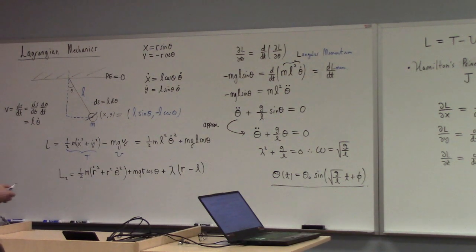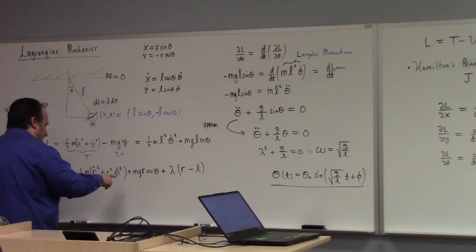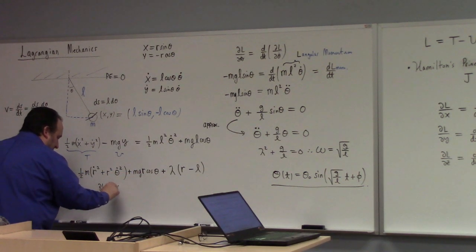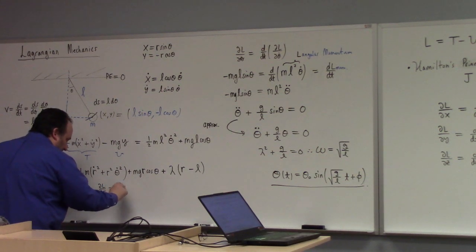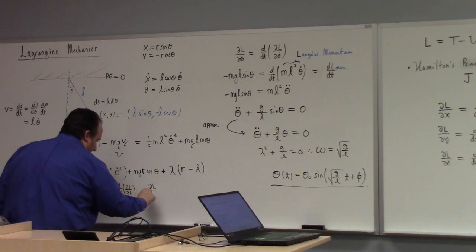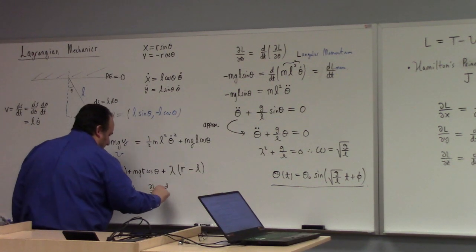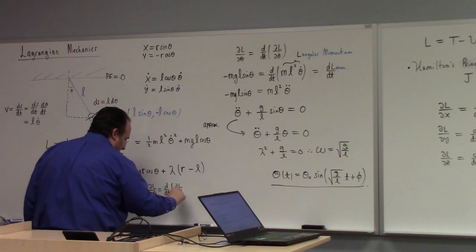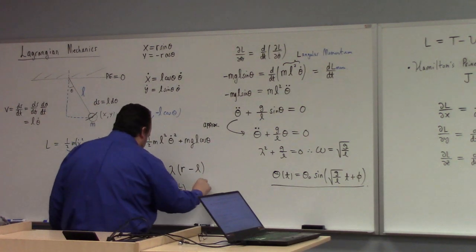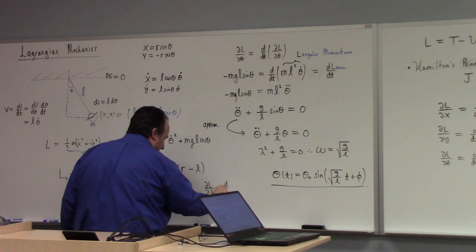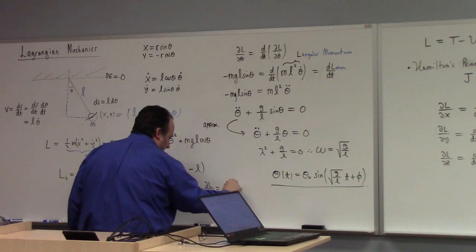And so the deal is that now we have partial L, partial r equals d/dt of partial L, partial r dot; partial L, partial theta equals d/dt of partial L, partial theta dot; and partial L, partial lambda equals d/dt of partial L, partial lambda dot.